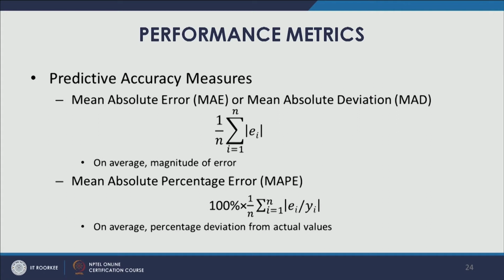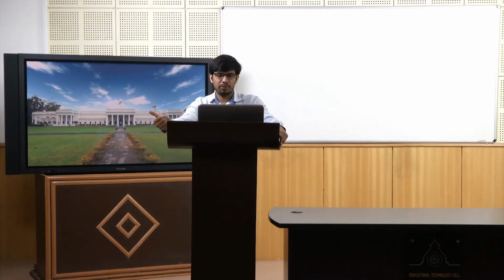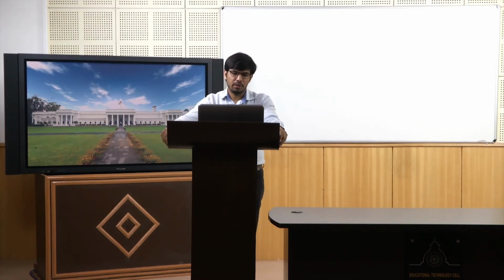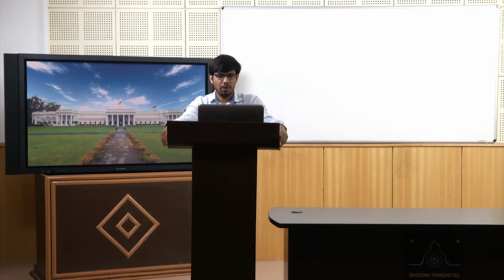If we look at the actual expression, the error value is being divided by the actual value, and then the absolute value is taken, since it could be on either the positive or negative side. We take that quantum, the error values divided by the actual value, take the absolute value of it, and then take the average including all the observations.